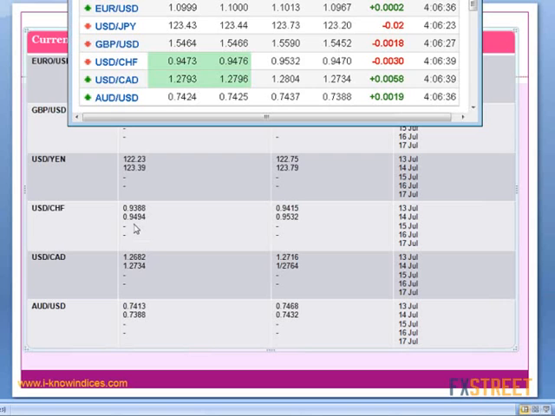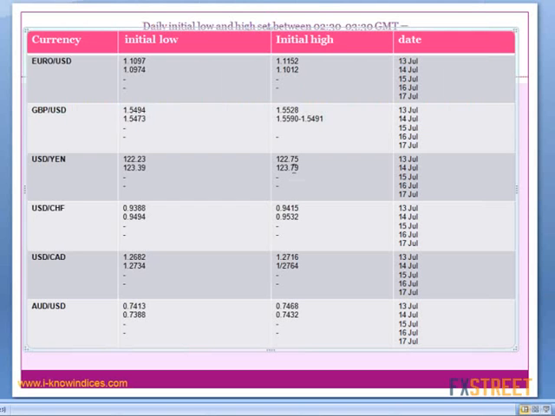Then in the case of yen, 123.39 was the initial low. They came down to 123.20 and went above 123.39 and are staying there. So they are expected to gain more levels, and 123.73 was the initial high, and that has not been breached.